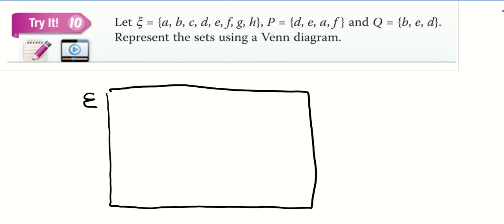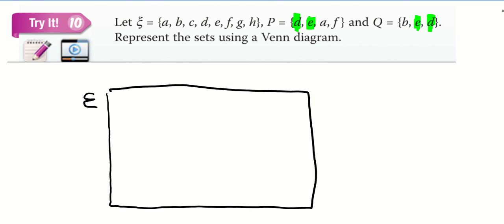P and Q. Are there any common elements inside P and Q? E. What else? D. So this means the diagram must be the one that overlaps. You agree? Because they have common elements.